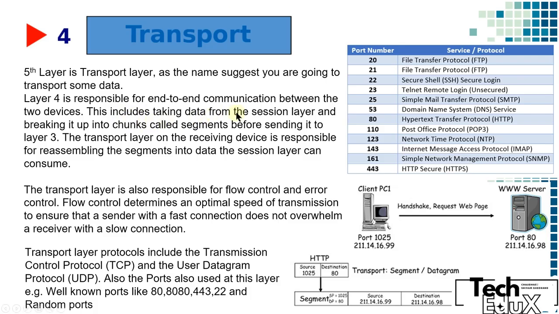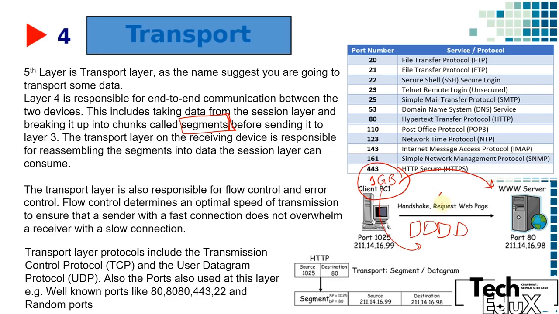This includes taking data from the session layer and breaking it up into chunks called segments. This is a very important thing, segment. Because if you have, let's suppose, a 1 GB file, do you think you are going to send the 1 GB file at once to this server? It is not possible. What you are going to do is break it up into small chunks.